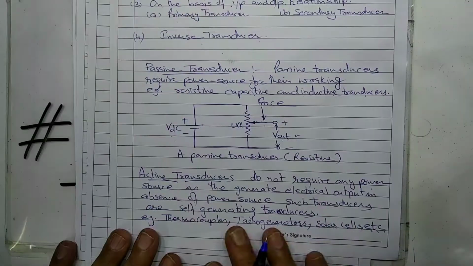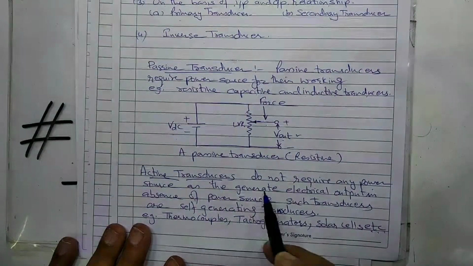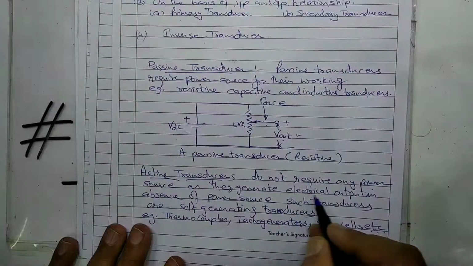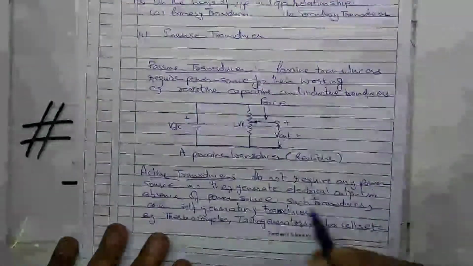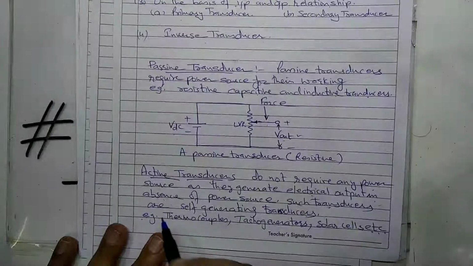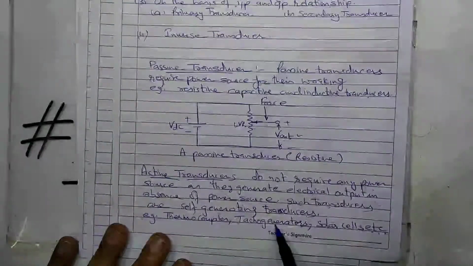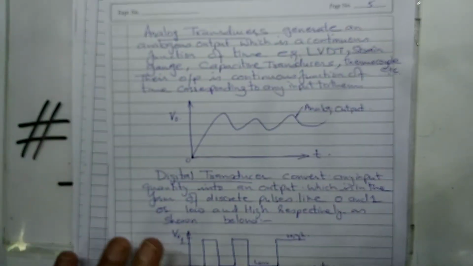So active transducer is one which do not require any power source as they generate electrical output in absence of power source. Such transducers are self-generating transducers. For example, thermocouple, tacho generators, solar cells, etc. Next is analog transducers.